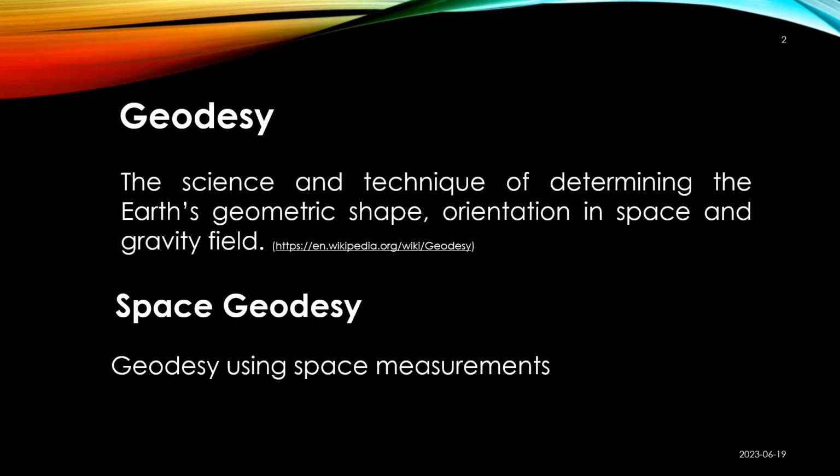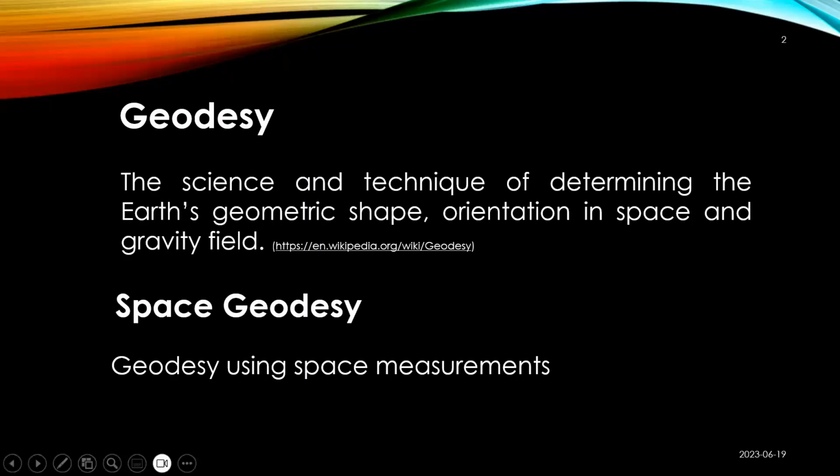And these people don't know about the other parts of the definition of geodesy, determining the orientation of the Earth in space, which is related to defining the reference system. Also the gravity field of the Earth.